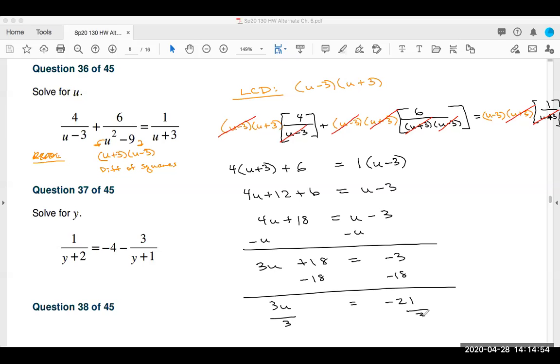Divide your 3 out. u is negative 7. And then remember, you need to check. And this one checks out. Okay, so far so good. I'm going to move to question 39 now.